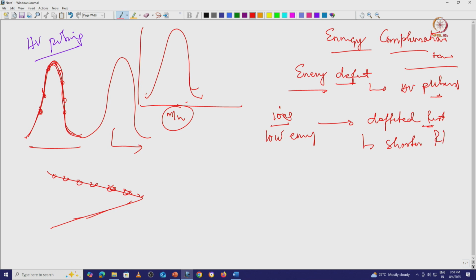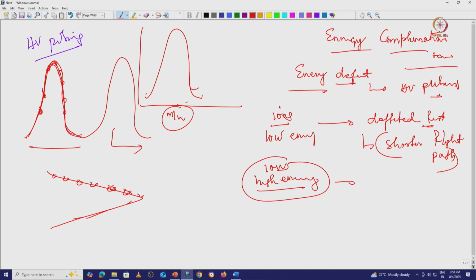Shorter flight path means they travel a shorter distance, correct, than the ions which have a high energy. Ions with high energy will have a longer flight time.